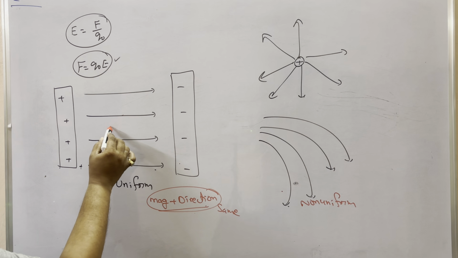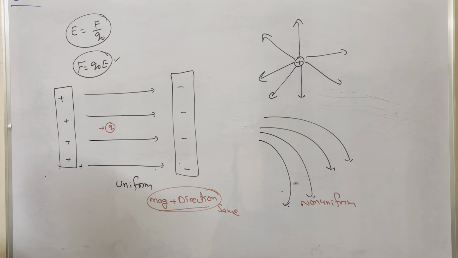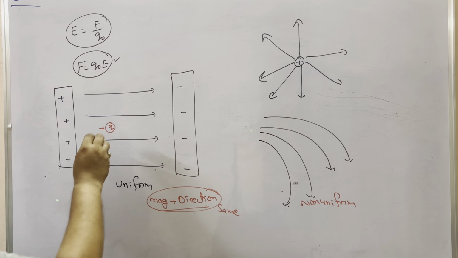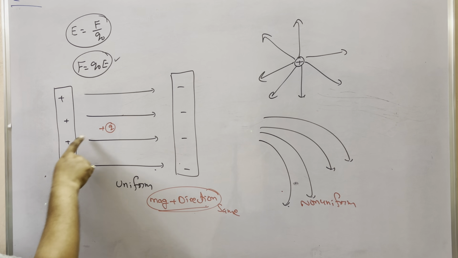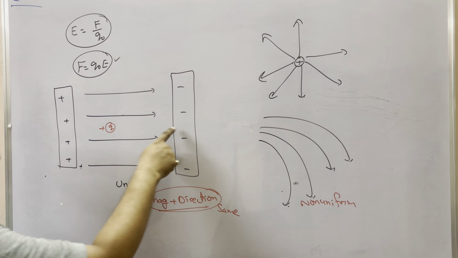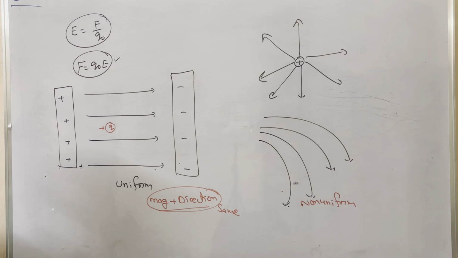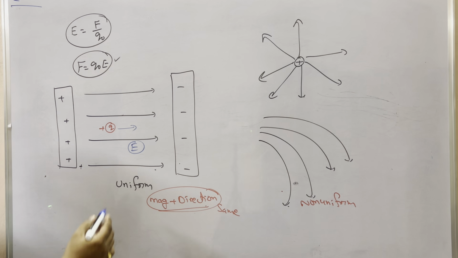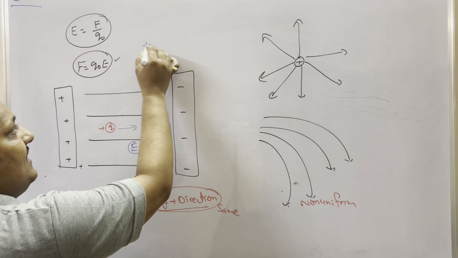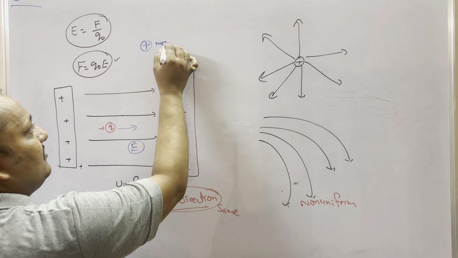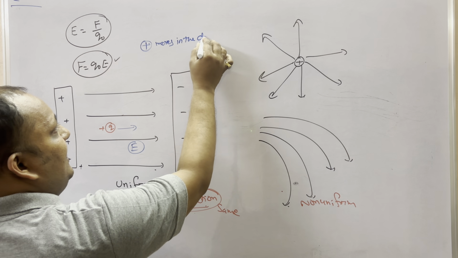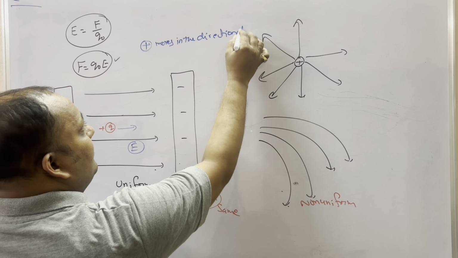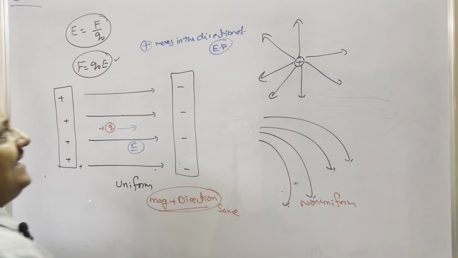If you place one positive charge within the uniform electric field, mainly we will discuss this. Whenever you place a positive charge, it is repelled by this and attracted by this. Therefore, this positive charge moves in the direction of the electric field. So blindly you can remember, positive charge always moves in the direction of electric field.